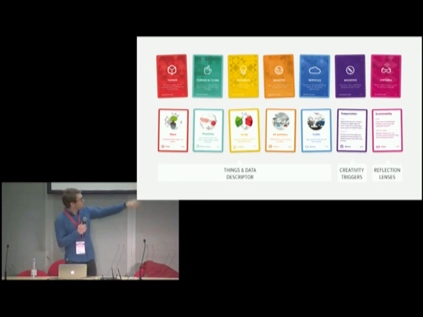And lastly, the last deck of cards we provide are reflection lenses. They are criteria cards. Those allow you to look through the idea that you created and reflect whether the idea addresses certain criteria, which could be, for example, creativity or usefulness or market potential and so on.